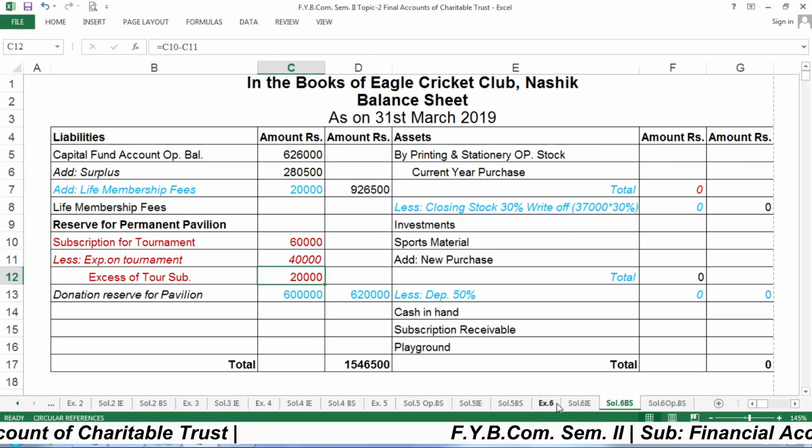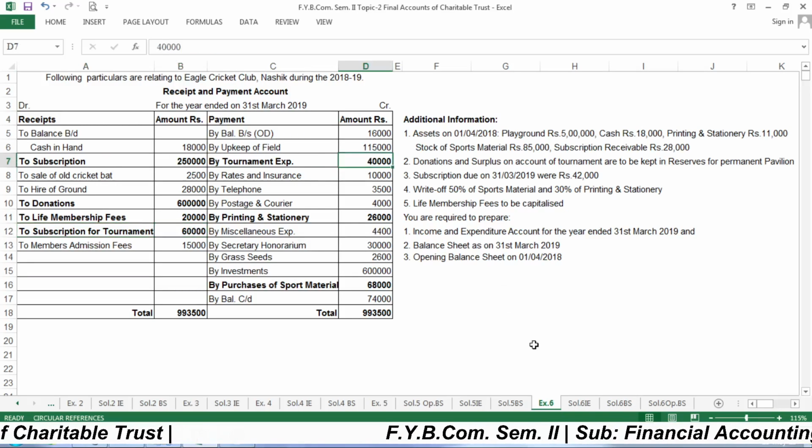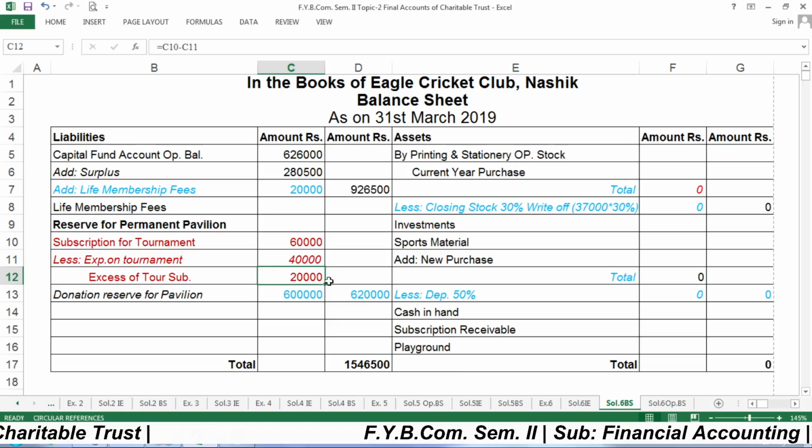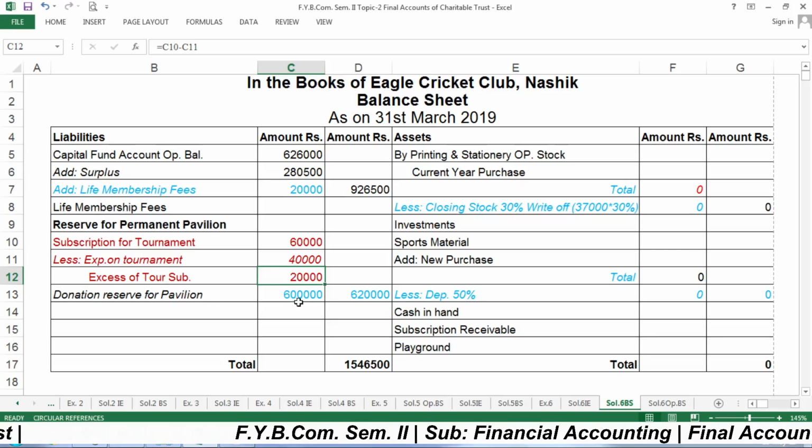So here the subscription for tournament 60,000, expense of rupees 40,000, and balance is rupees 20,000, which has to be kept aside for reserve for permanent pavilion, which is given in adjustment number two. So this is the reserve for permanent pavilion of rupees 20,000, and the donation which we have received of rupees 6 lakh.